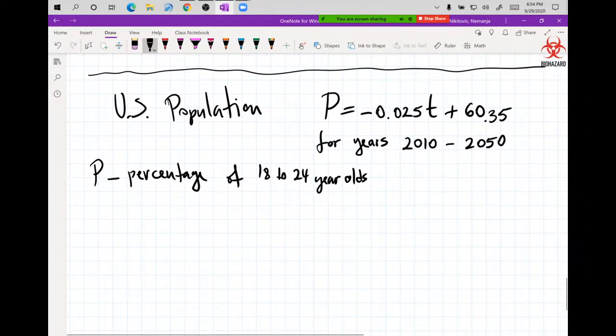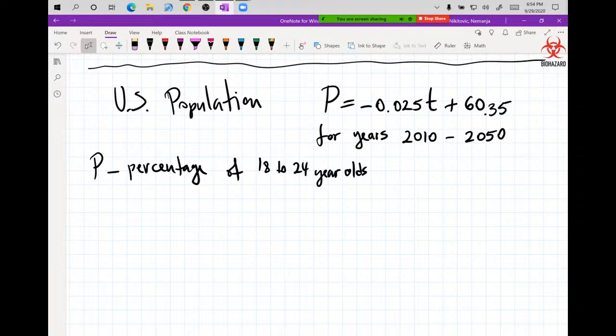So you can pick any year you're interested in. Plug it in for T, time, year, right? Plug it in for T, and you will get what percent of the population will be 18 to 24 years old. So now give me 1 year, anyone. What year would you be interested in? 2050.